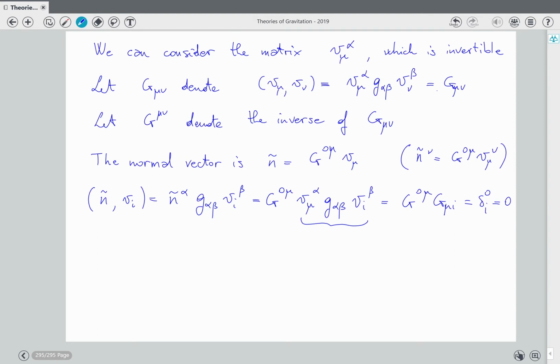And let n tilde prime denote another normal vector.